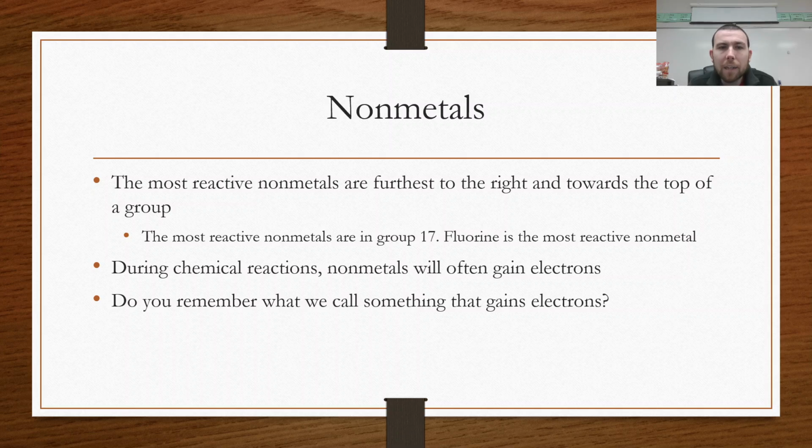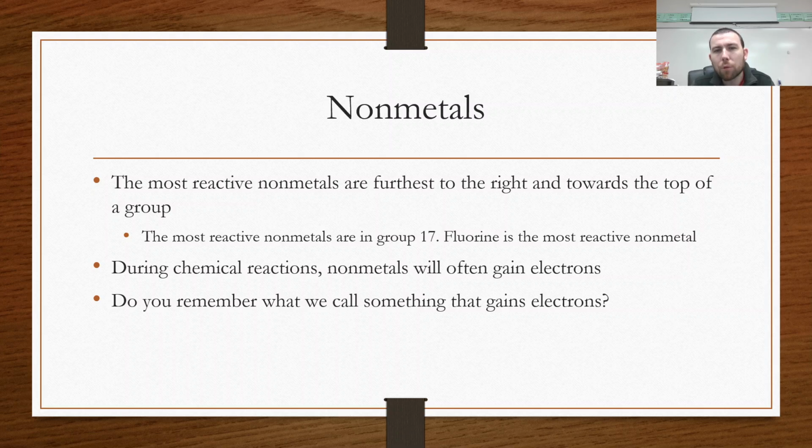Now, during chemical reactions, what will happen is that nonmetals will often gain electrons during that particular process. So they will add additional electrons into their valence shell in order to get 8. Now again, I want you to recall information that we've looked at previously.